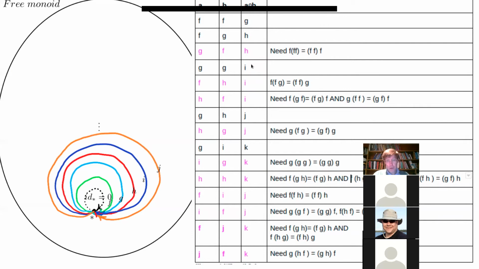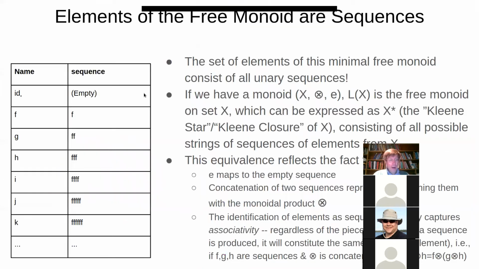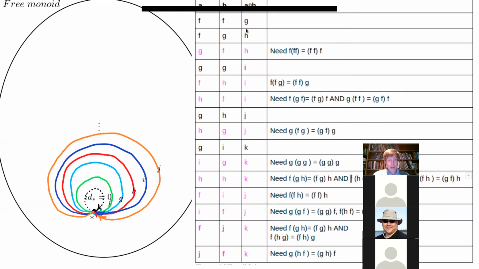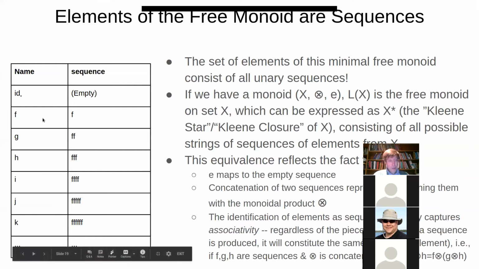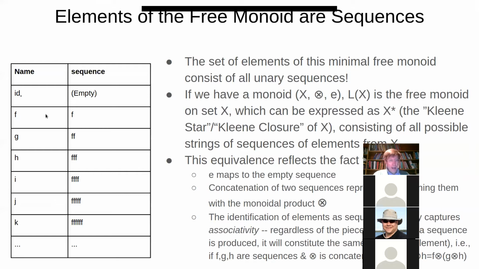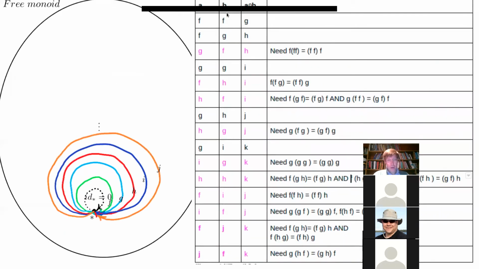And if you go through this, what you find is that the things that were newly allocated, G, H, I, J, K, are none other than successive, unique sequences of this primordial non-identity element F that we started with.